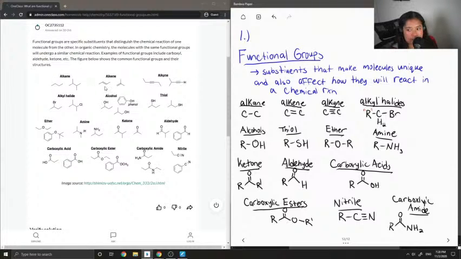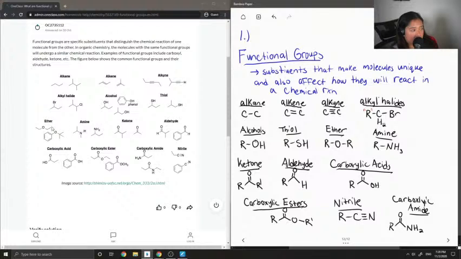Okay, so you can just see a more detailed version of what I tried to show. They have examples of alkanes, alkenes, and how you can have like a double bond at the end there, not just in the middle. Alkynes can be in the middle or at the end. Alkyl halides, they showed both bromine and chlorine as an example.